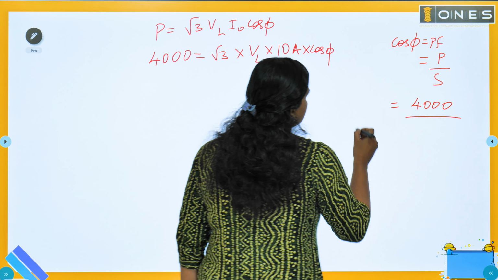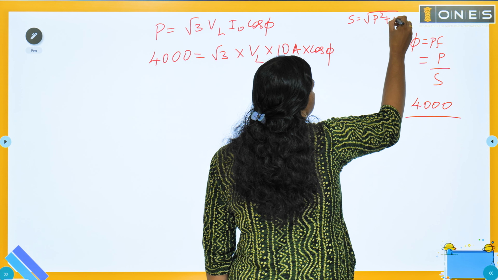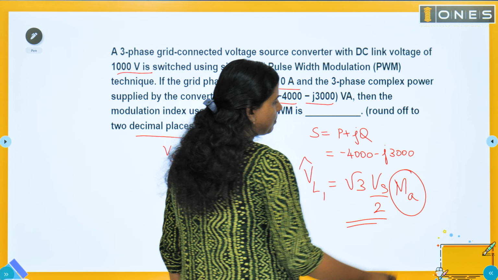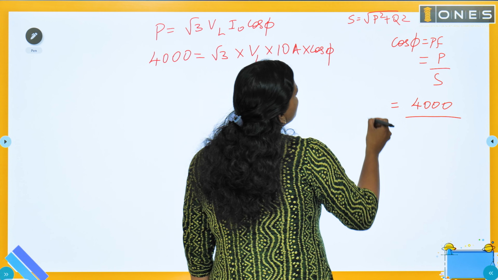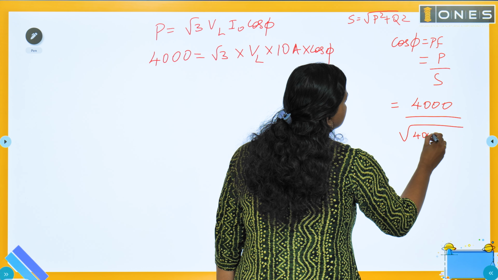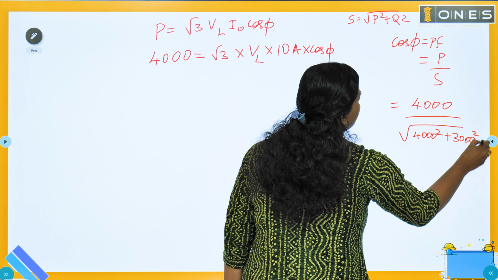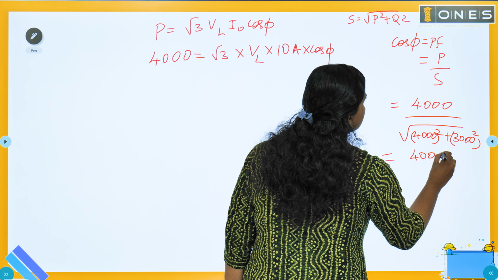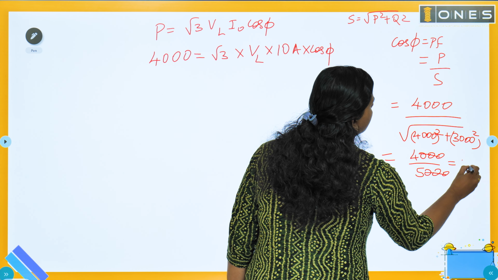We saw earlier that S is equal to P plus jQ, so the magnitude of S is root of 4000 square plus 3000 square. On calculating this you will get 4000 by 5000, which is 0.8.